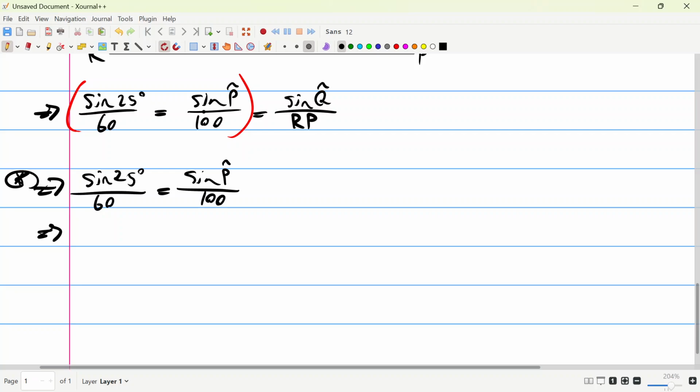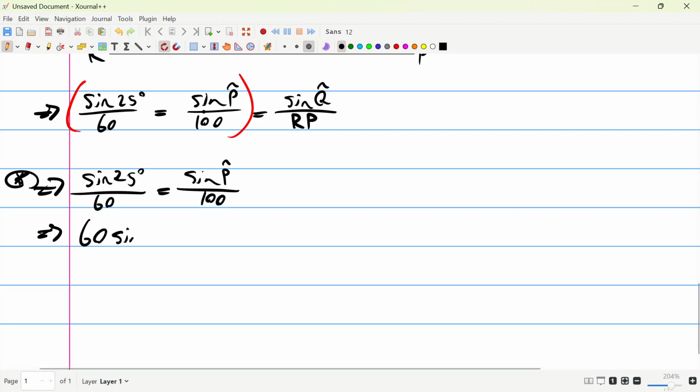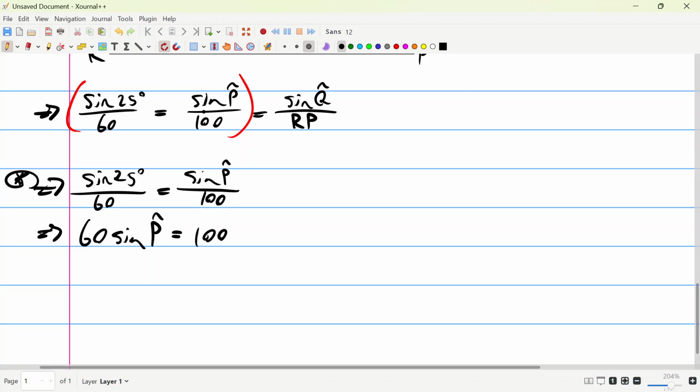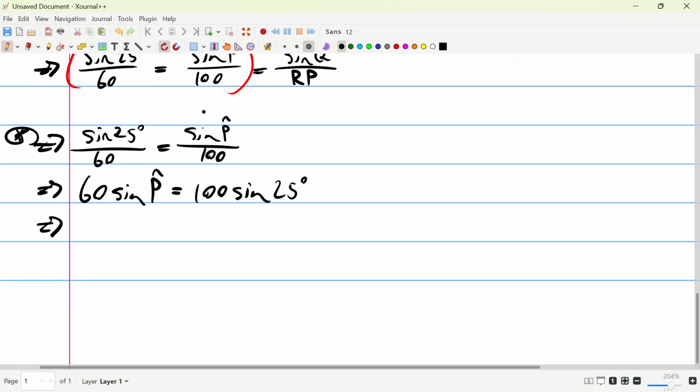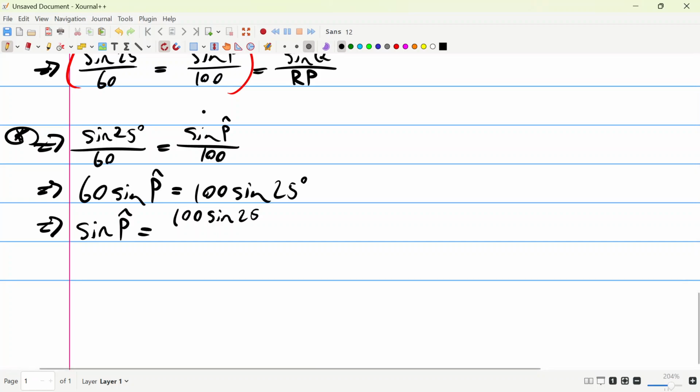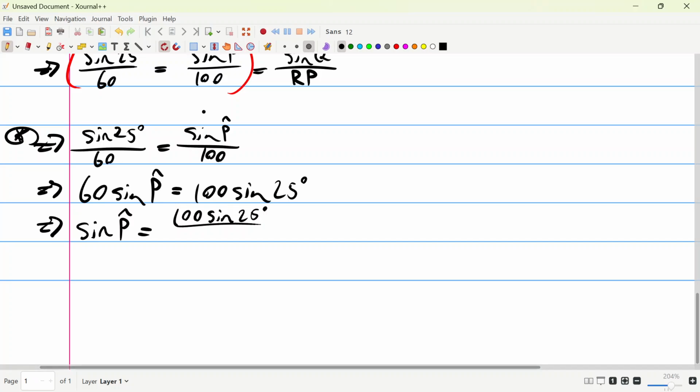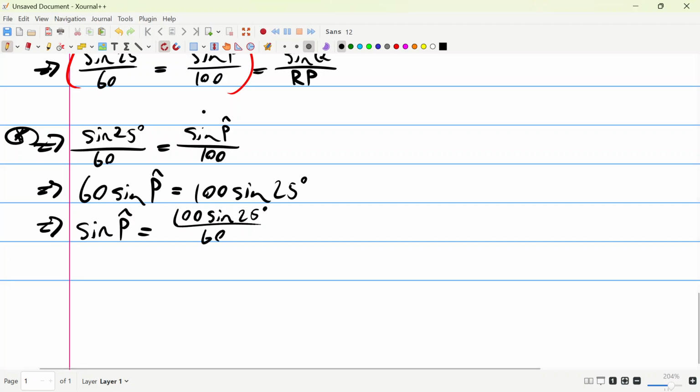So we can cross multiply, then we're going to have 60 times sine of p, which is equal to 100 multiplied by sine of 25. And then we want to get sine of p on its own, so we divide both sides by 60. Then we have sine of p, which is equal to 100 sine of 25 divided by 60.